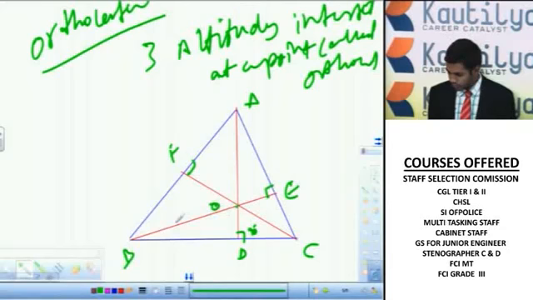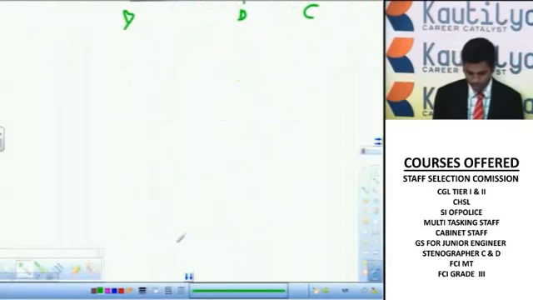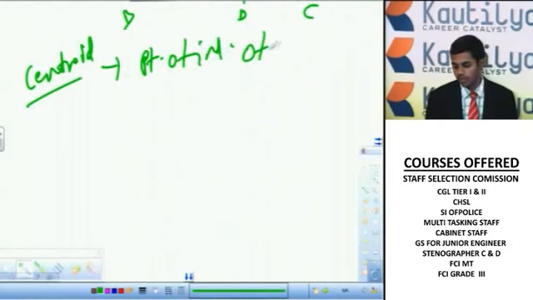Okay. Similarly, coming to the centroid. Centroid is nothing but the point of intersection of medians.